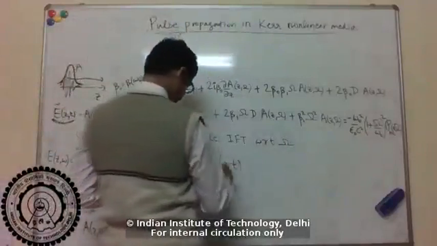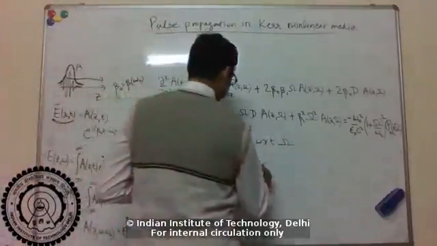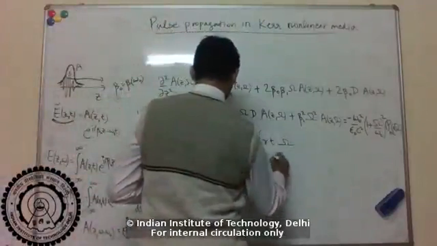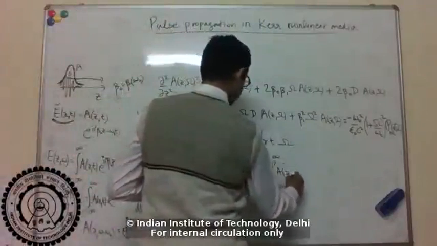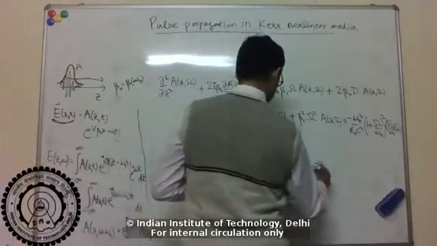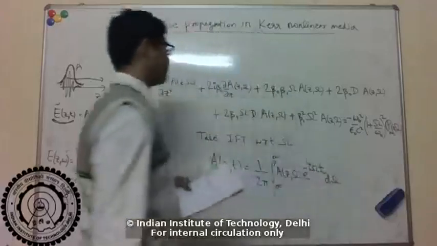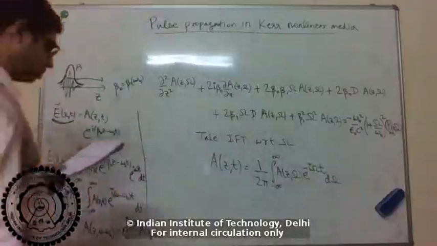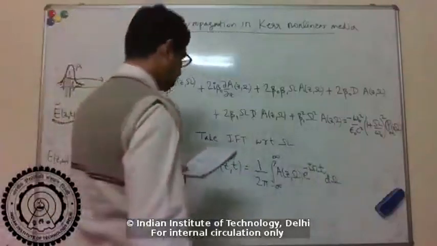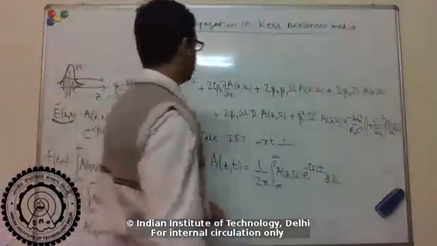So I go back to A z of t by taking the inverse Fourier transform of A z capital omega, right?